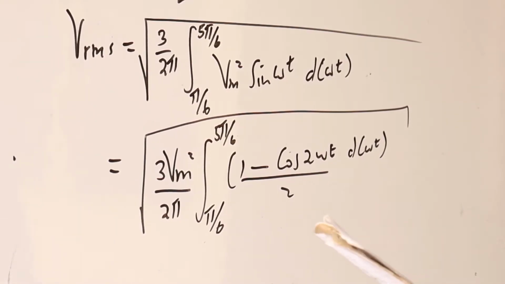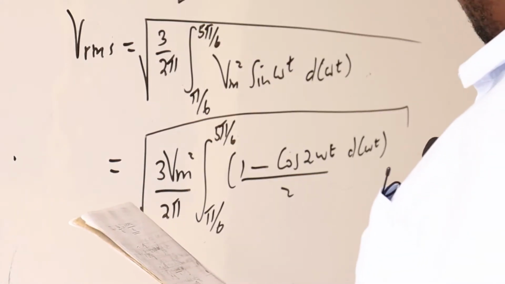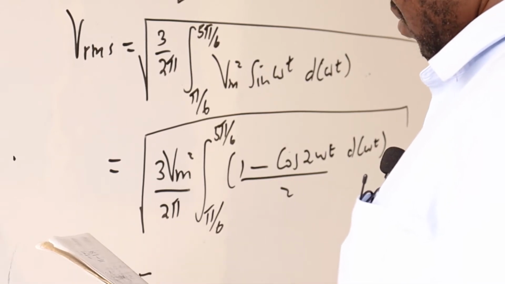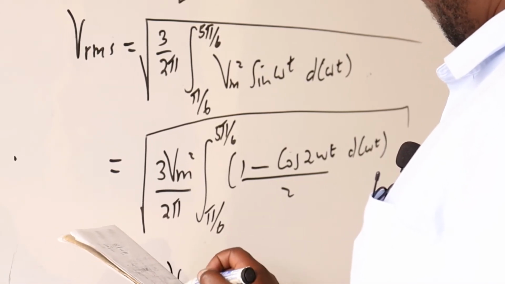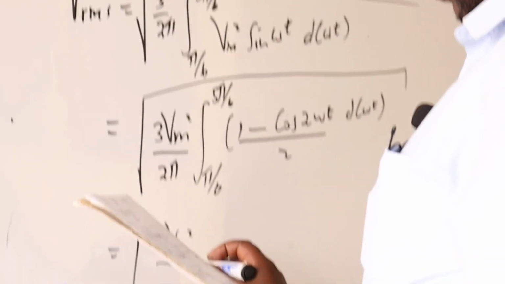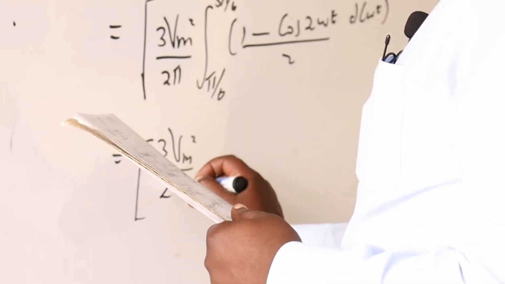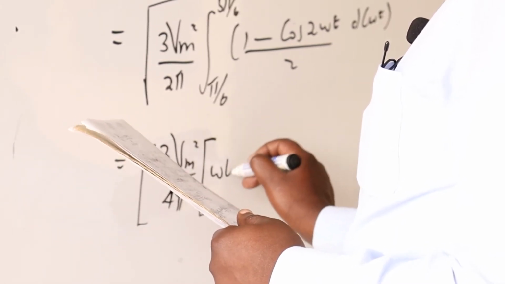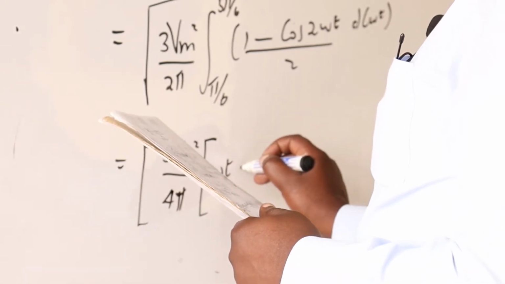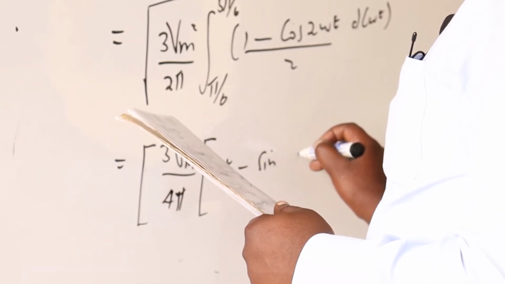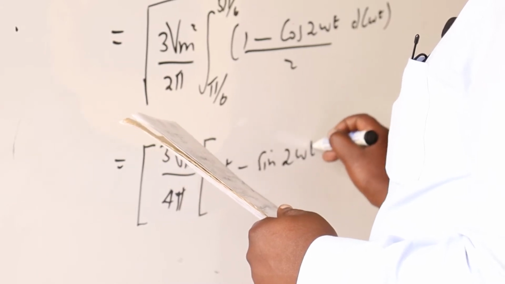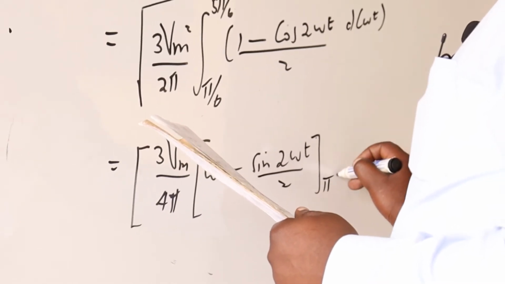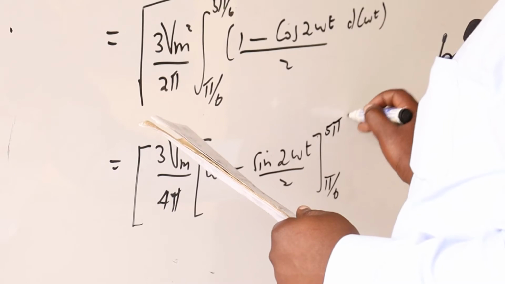So simplifying this, we shall have 3 Vm squared all over 4 pi into omega t minus sine 2 omega t all over 2, from pi over 6 to 5 pi over 6.